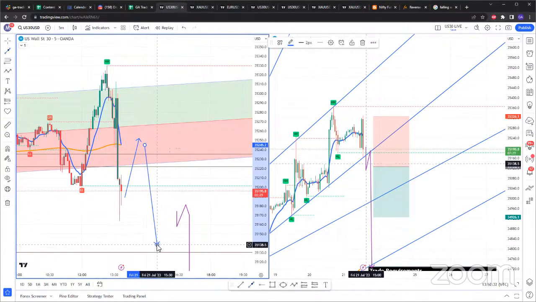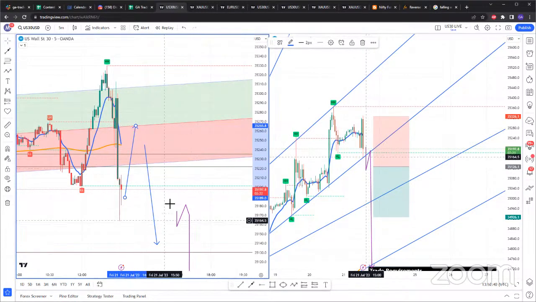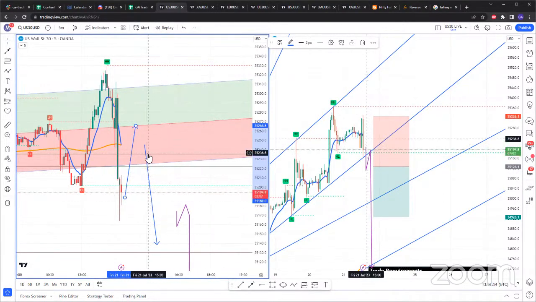I do anticipate US 30 might retrace all the way to this zone right here, to 35,065. So that's definitely a possibility. If you want to enter a sell, make sure your stop loss is above the previous high, so above 35,330. That would be a 130 pip move.